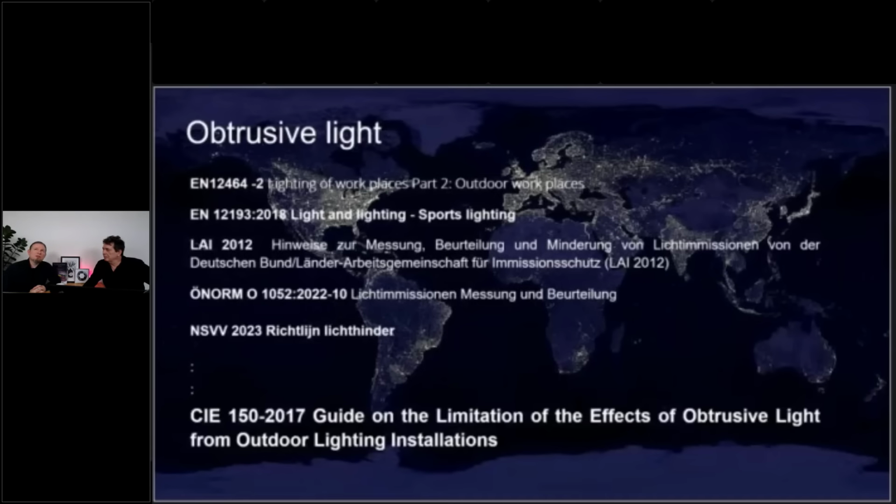But the values and also details are really specific from nation to nation. This makes it a bit difficult, and you need to stick to your national requirements. This makes light pollution a bit complicated. But the CIE 150 is something like a universal approach, and it is also applied internationally.